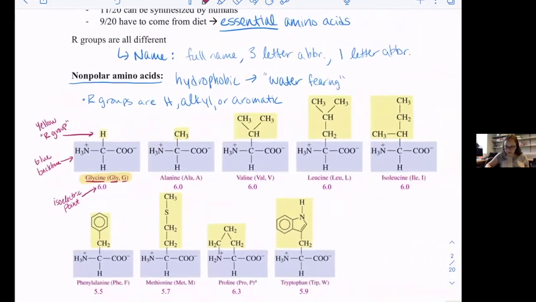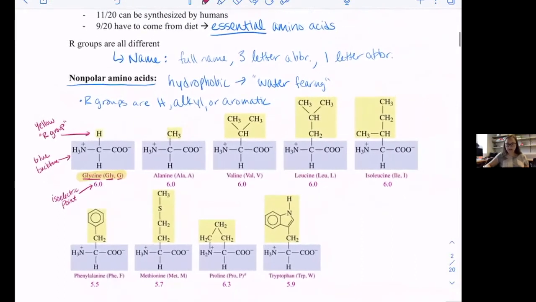Okay, so looking at this entire chart of amino acids, let's point out some interesting details about some of the different ones. So glycine, this one that I've been talking about first, is your simplest amino acid. So it only has a hydrogen group. There's not too much fancy with it going forward.